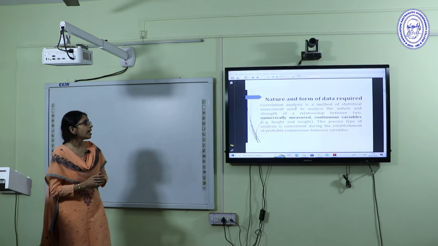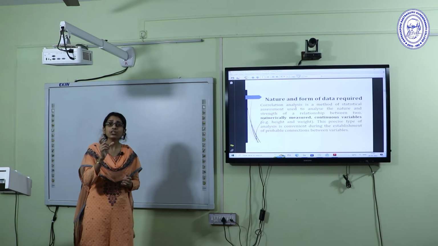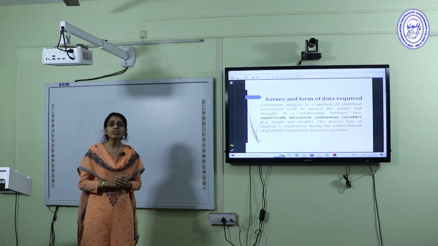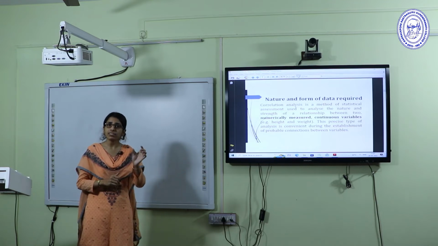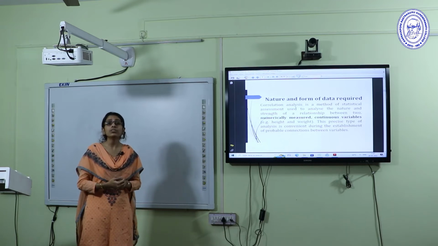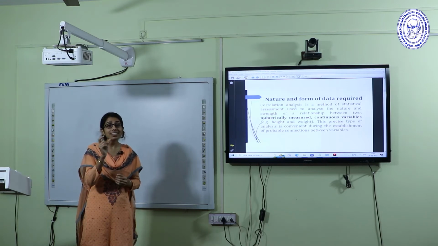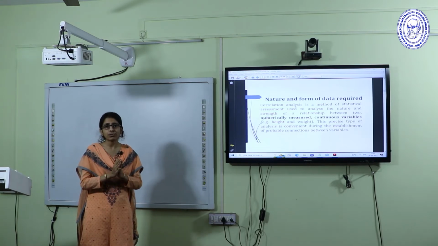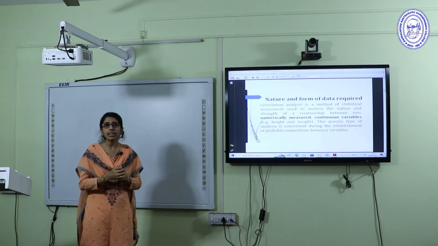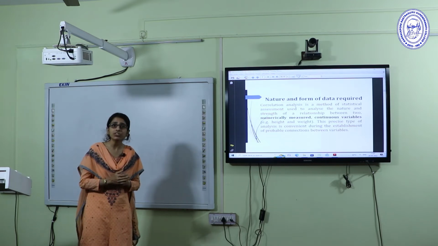And the second one is that we need a continuous type of variable. As we know, there are two different types of variables, that is discrete variables and continuous variables. When we talk about continuous variables, we must know that these variables assume all values, even decimal values, whereas discrete data includes only integer values.